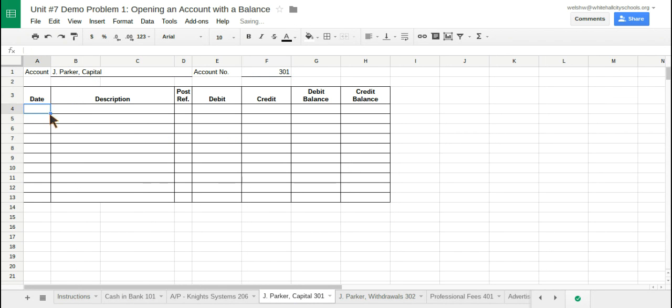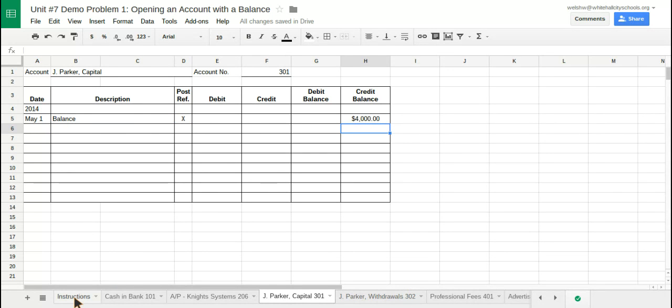This is occurring 2014, May 1st. We're recording a balance, so that's what we put here. The post-reference column, we just put an X to show that we've done it. Capital, we said it was $4,000. Capital has a normal credit balance, so we just put $4,000 in that column, and we're done.